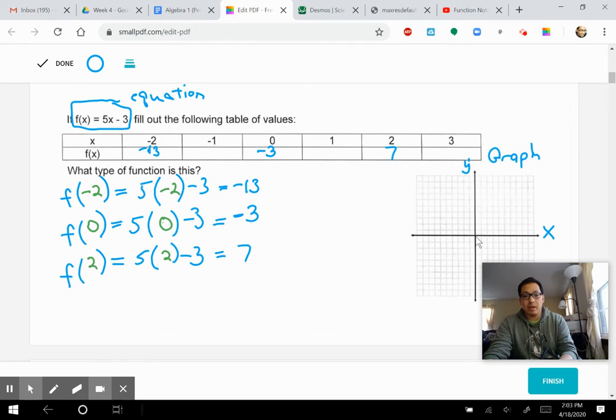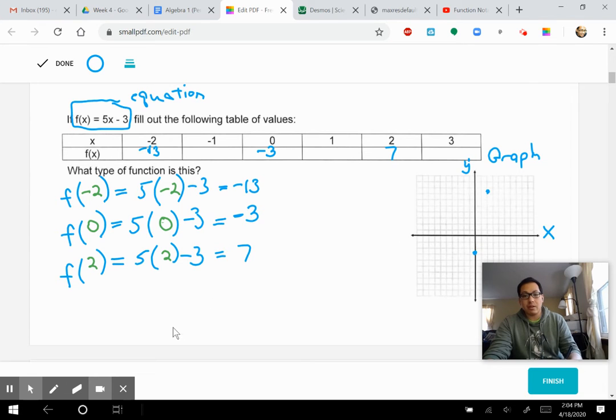So negatives are down here, 1, 2, 3. That's the point on the graph. When x is 2, so we can go 1, 2 to the right, our output was 7. So we're going to go up 7. 1, 2, 3, 4, 5, 6, 7. Close enough.